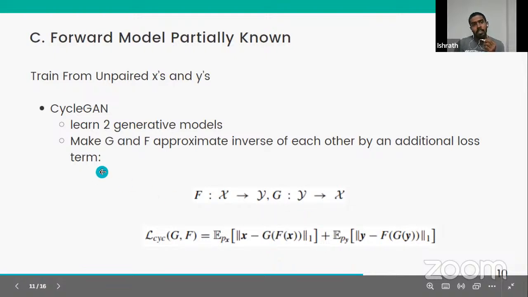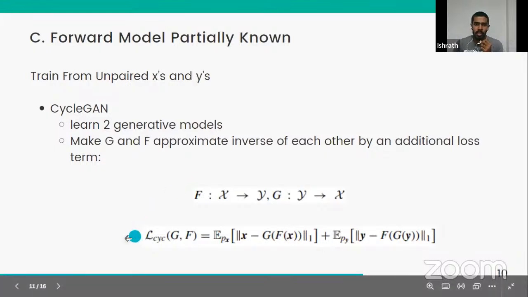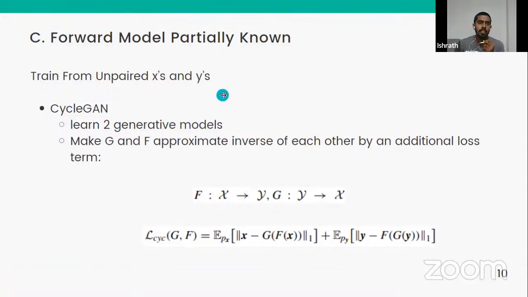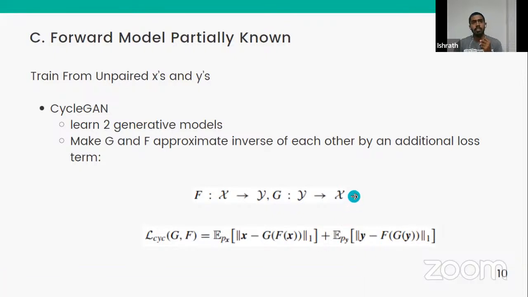So when training these generative models, if we add an additional loss term like this, which induces the inverse property of f and g, then we'll be able to simulate or find out the joint distribution of x and y. After the training process, we have f and g. When testing, we only have to use g. Given a y, we can find out what the x is.